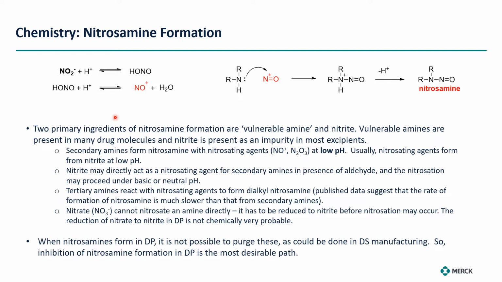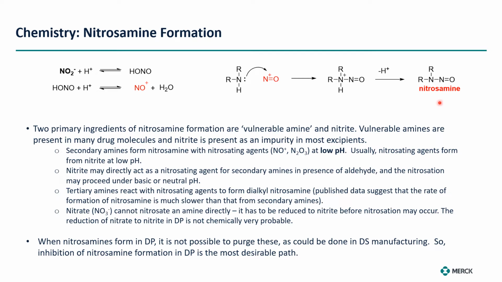We need two ingredients to form nitrosamine, nitrite and a vulnerable amine. And in this case, I am showing a secondary amine. Nitrites, when they react with acid, form the active nitrosating agent NO+, or for that matter, N2O3. And this active nitrosating agent reacts with the secondary amine or any vulnerable amine to form a nitrosamine.